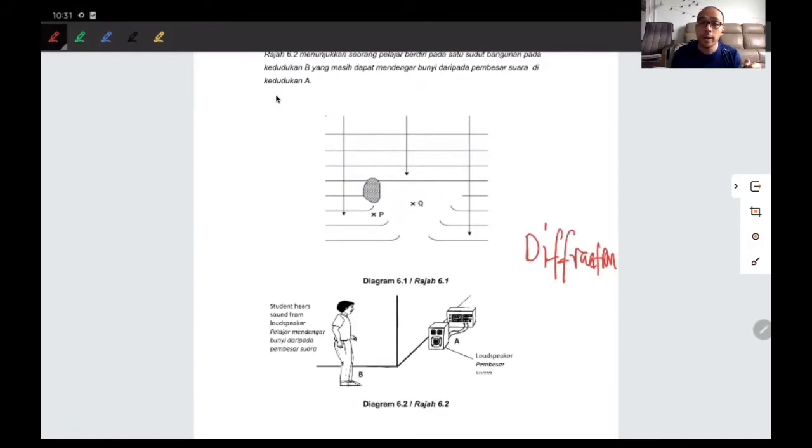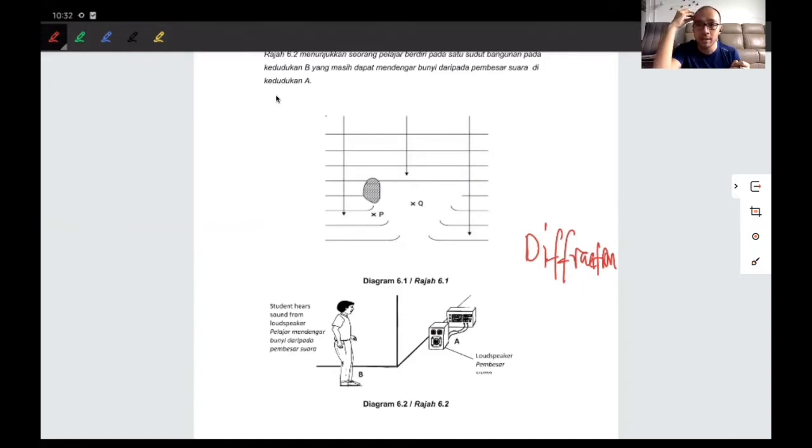When dealing with waves, it's always good to set in your head first: what is the phenomenon we're talking about? Usually in a question, they will not ask two phenomena in the same question, especially structured questions. For essay questions they might, but usually in structured questions, they will only focus on one phenomenon. Is this refraction?